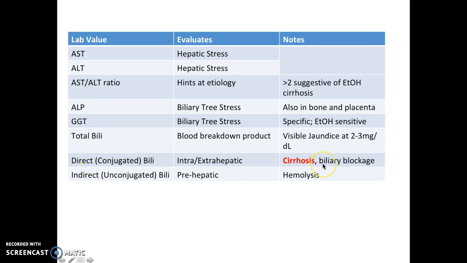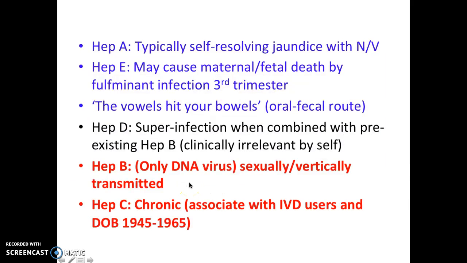And here for direct, you might associate this more with cirrhosis because this is due to injury or obstruction, intrahepatic or extrahepatic, as opposed to before the breakdown product gets to the liver itself, i.e. prehepatic.